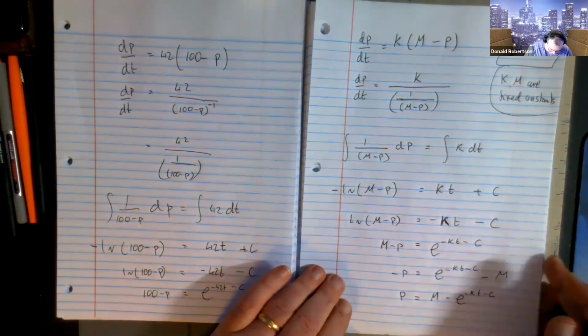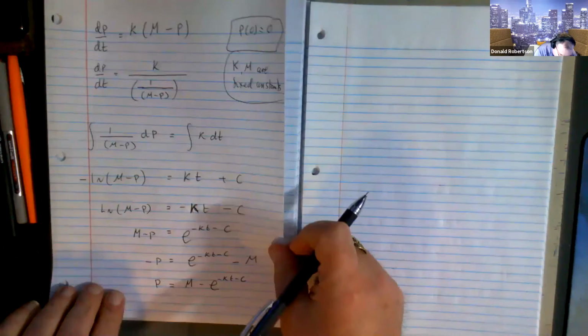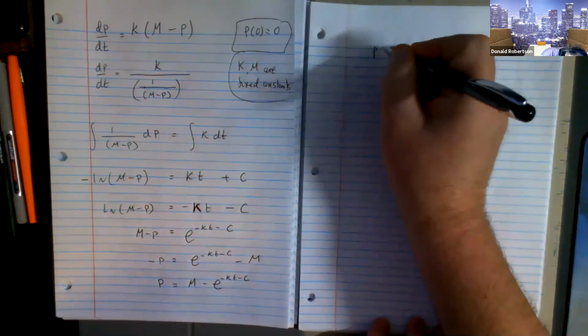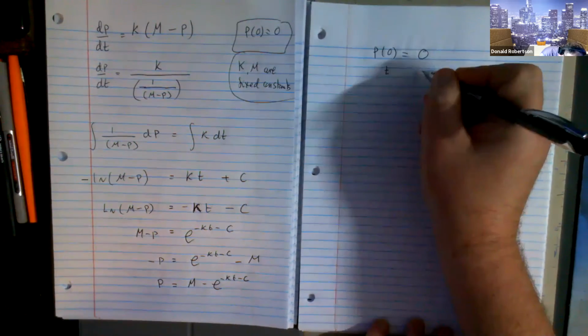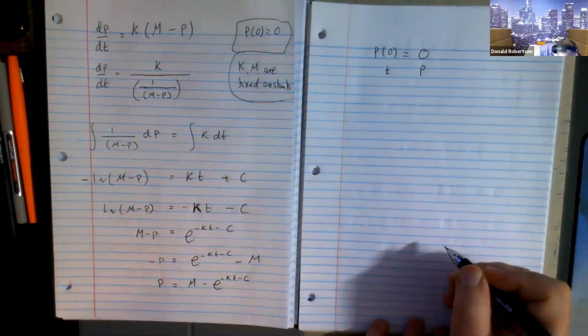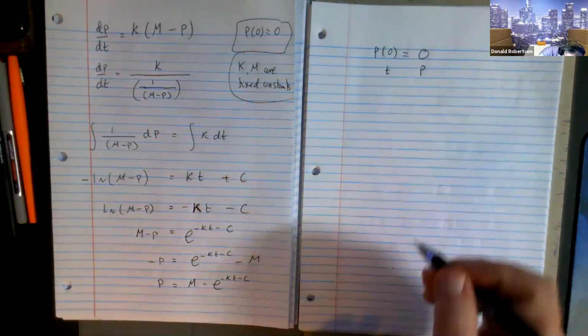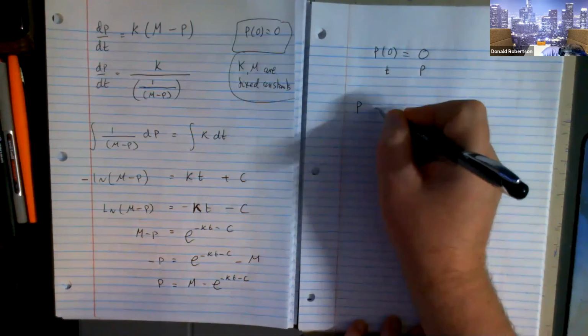Now, this is our general solution. I'm now going to use that guy, which says when T is 0, P is 0. And so I have this fella.